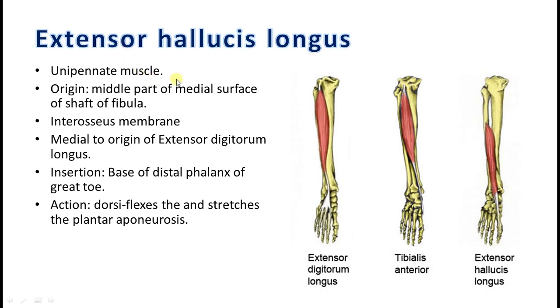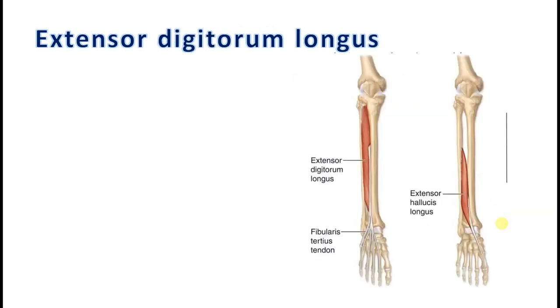So we have seen about the tibialis anterior, then we have next discussed the extensor hallucis longus. As I told you, it increases the concavity of the medial longitudinal arch by playing over the first metatarsal.